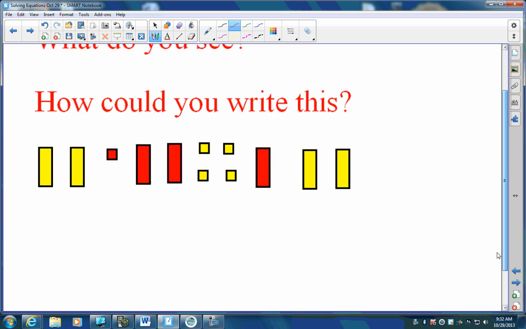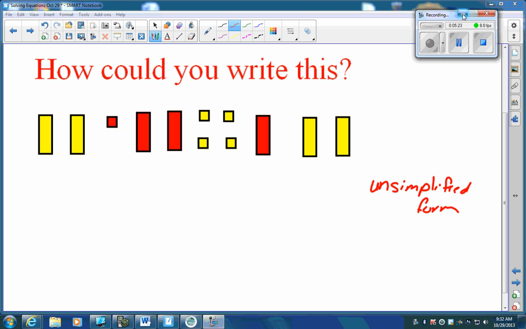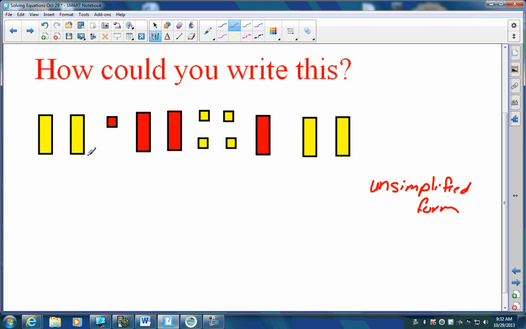Okay, so let's review what we did yesterday. Right here, write what you see. Write this in the unsimplified form. These are two positive x's, so I want you to write 2x.